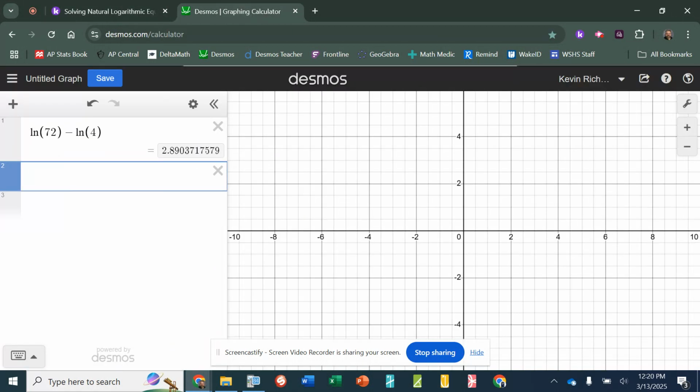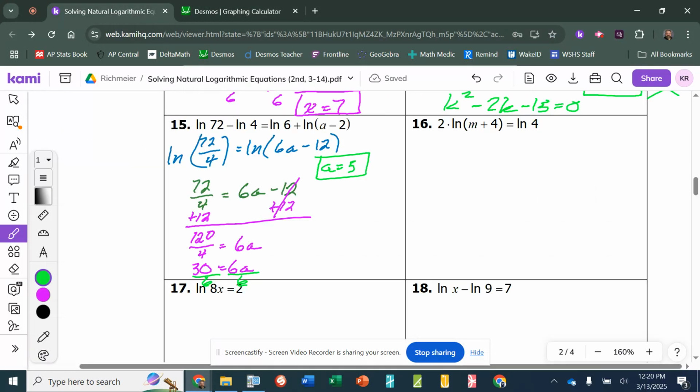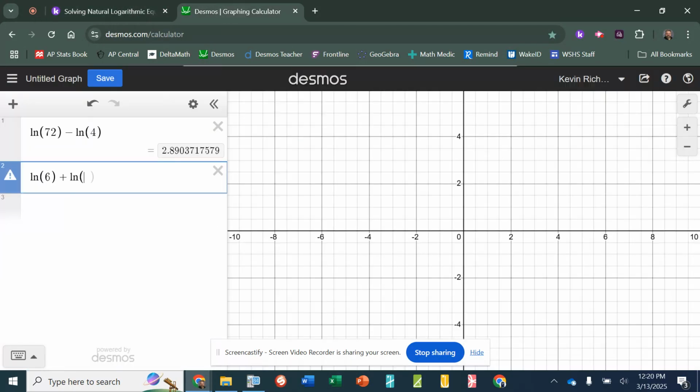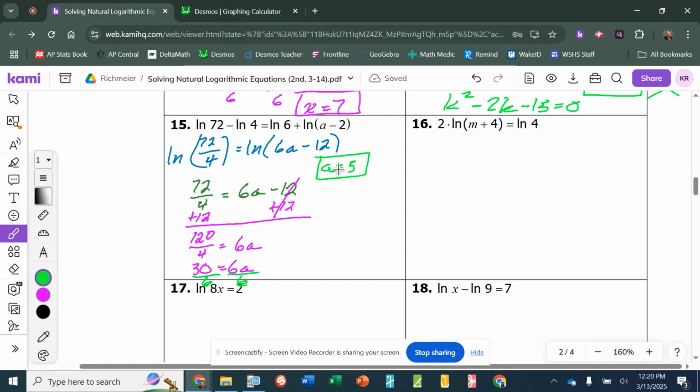I have the natural log of 6 plus the natural log of a minus 2. And in this case, we think a is going to be 5. That's right, 5 minus 2. And so we see that those numbers agree. That tells us that 5 is the correct answer. Anything else would not have allowed the numbers to agree. So that's checking with Desmos.